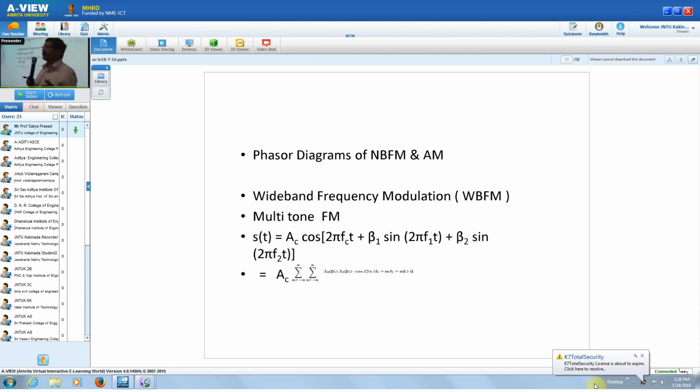In the case of AM, we said that it is linear, but frequency modulation is not linear modulation, that's why other combination frequencies also come into existence. They also will be giving you the required output altogether. Okay, so that's your multitone frequency modulation with two frequencies.